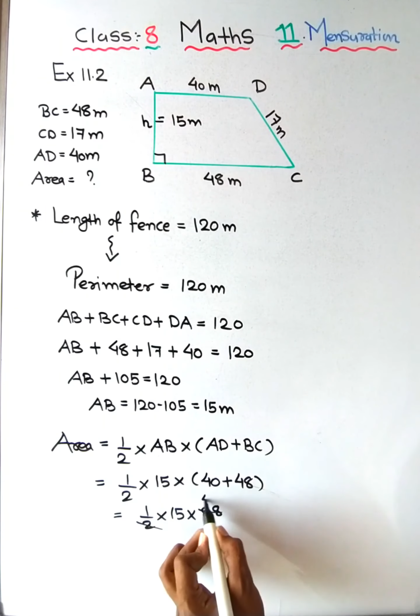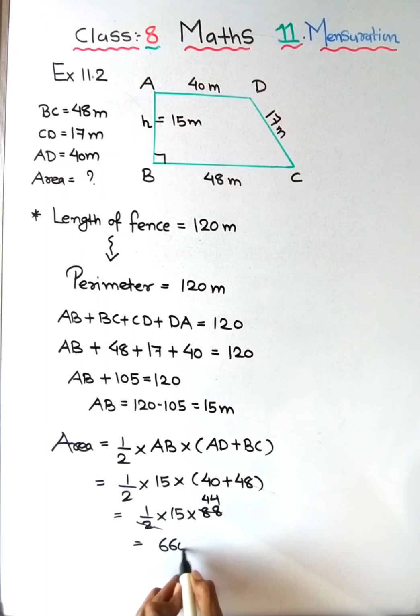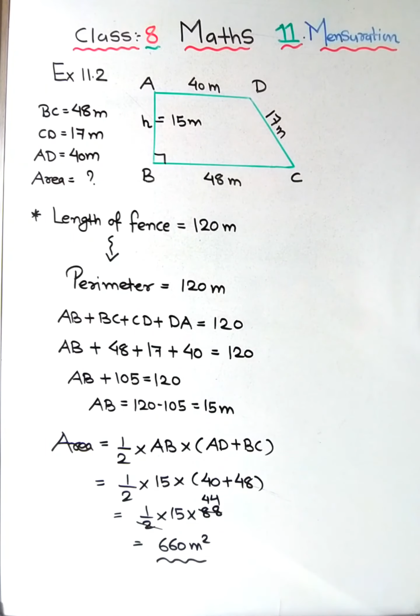You can cancel 2 and 88, leaving 44. So finally we have to multiply 15 into 44. You will get the answer 660 meter square. So this is how we will solve question number 3.